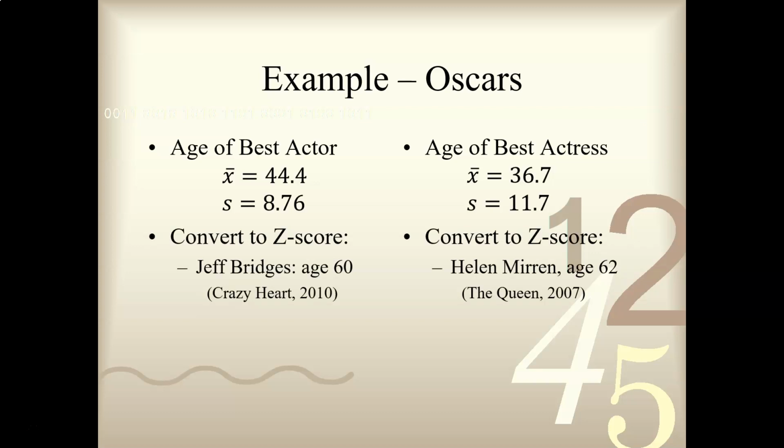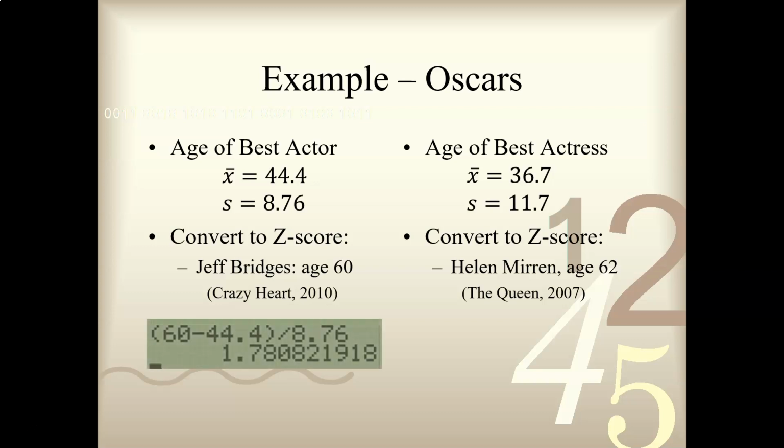Jeff Bridges won at age 60 in 2010 for Crazy Heart. Helen Mirren won at age 62 for The Queen. Now these are two different sets of data, but if we convert them into z-scores, we can really see where they fall relative to other actors or other actresses.